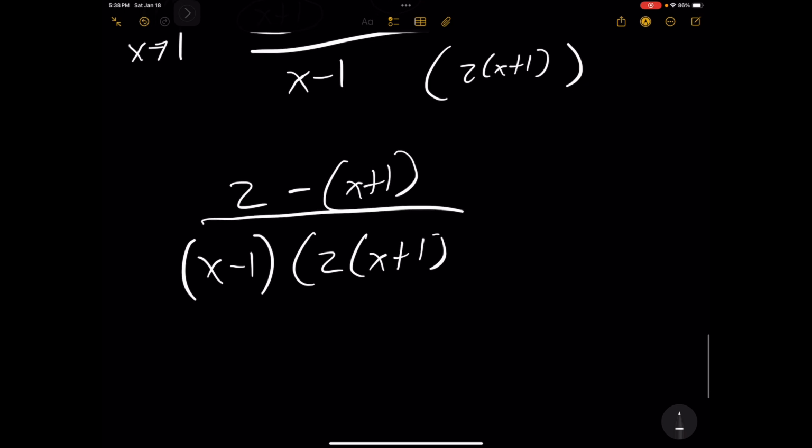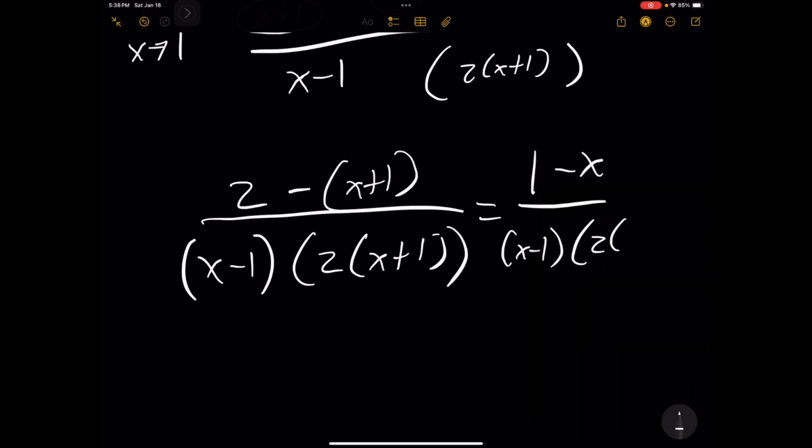Now 2 minus x minus 1 is going to be 1, 2 minus 1 is 1, minus x, over (x minus 1)(2x plus 1).